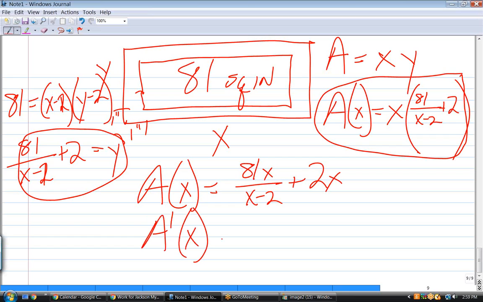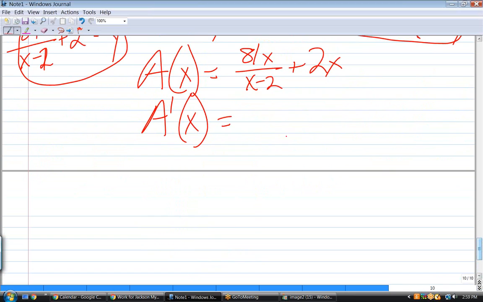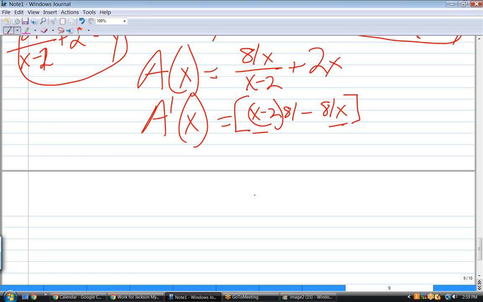A prime of x. Let's see. It would be x minus 2 times 81 minus 81x times 1, plus 2. Hold on, you need a bottom to that quotient. Oh, over x minus 2 squared.